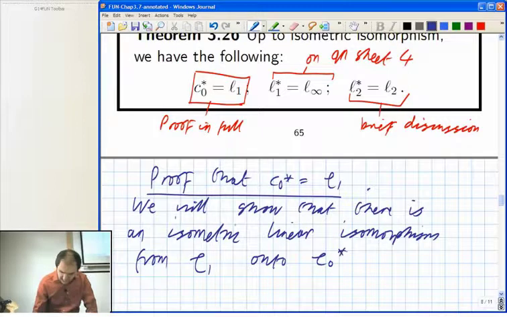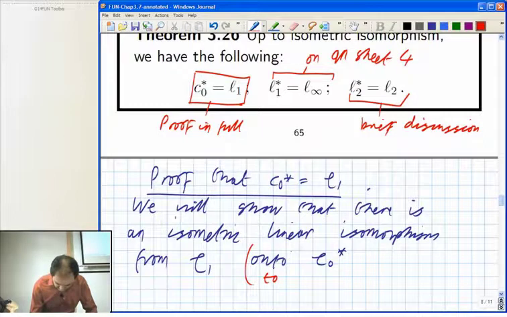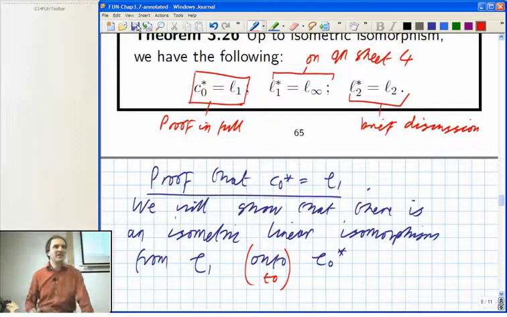Well, the onto is automatic because it's an isomorphism. Because it's an isomorphism, it has to be bijective, right? I didn't have to say onto. But we will have to prove onto in the proof.